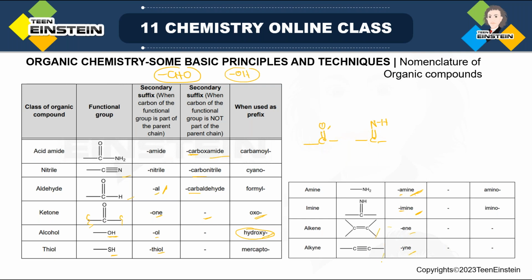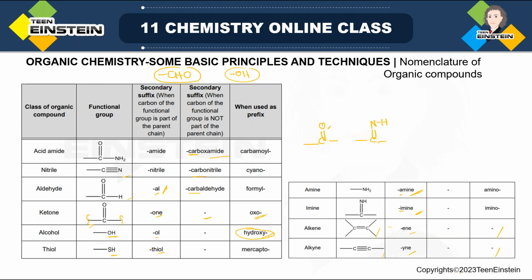Now these two, they are at the last position. So you have to give more priority to all these functional groups, and then these are coming at the last position. Okay, and they are never treated as substituents because in the longest parent chain you consider them. So that is why we do not have any term for this as prefix.